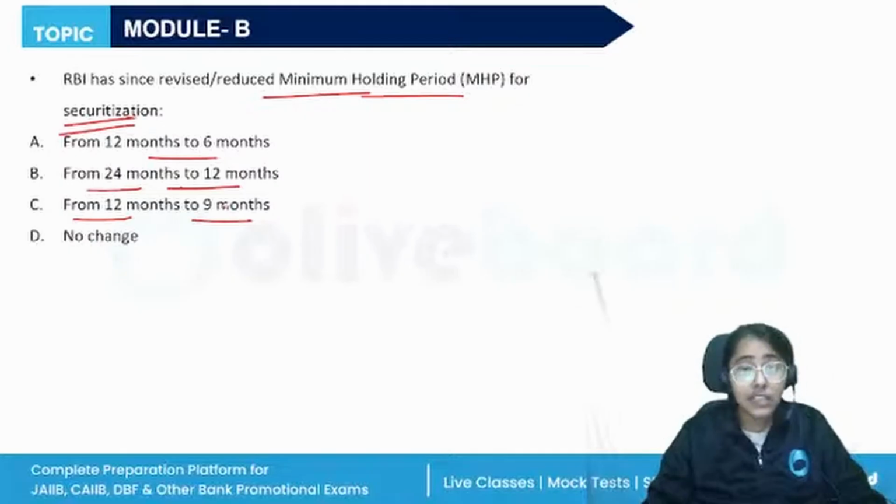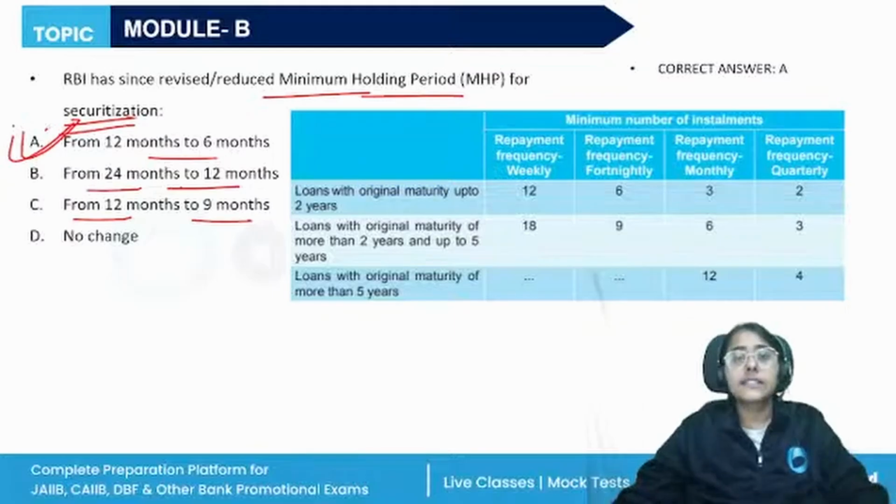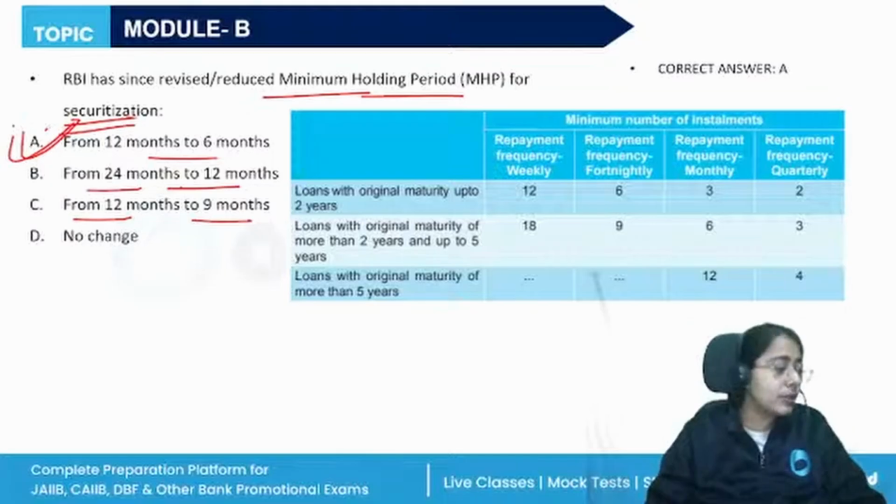This is done so that the project implementation risk is not passed on to the investors, and a minimum recovery performance is demonstrated prior to securitization. RBI has now revised the minimum holding period from 12 months to 6 months. And this is the minimum number of installments, given the repayment frequency, weekly, fortnightly, monthly, and quarterly, that you can go through.